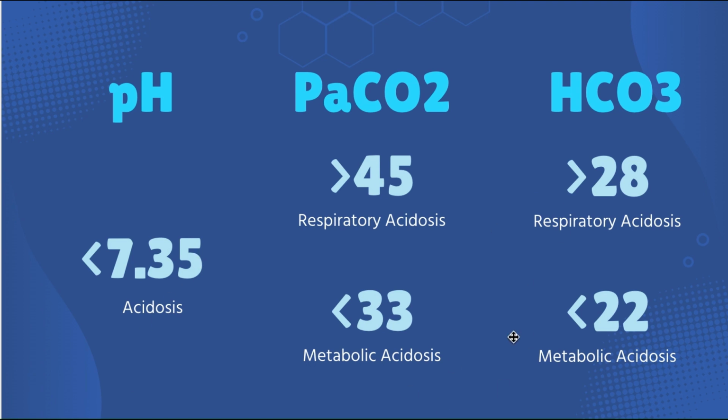The same applies here. Because there is a plummet in the HCO3, which is a basic component, a little of it will cause acidity of the blood. So because of the metabolic acidosis caused by the decrease in HCO3, the PaCO2, which is an acidic component, will also try to decrease in order to make the pH more alkalotic.